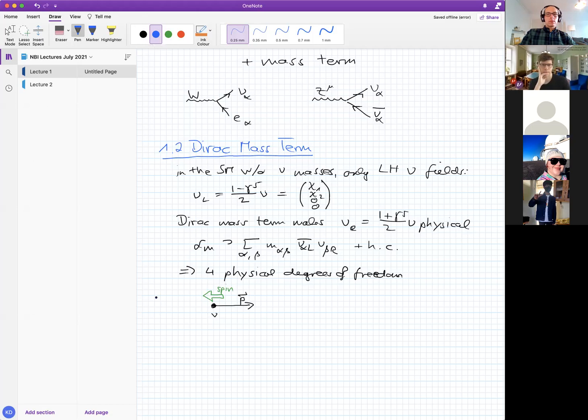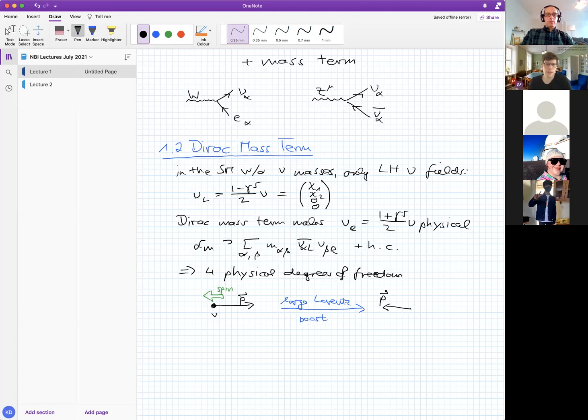But if they are massive, I can always go to an extremely fast-moving reference frame, so that neutrinos in that frame will appear to be moving in the opposite direction. So let's assume we carry out a large Lorentz boost. Then after that Lorentz boost, by assumption, the momentum will now be backward.